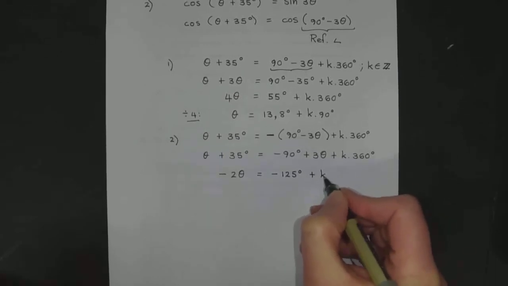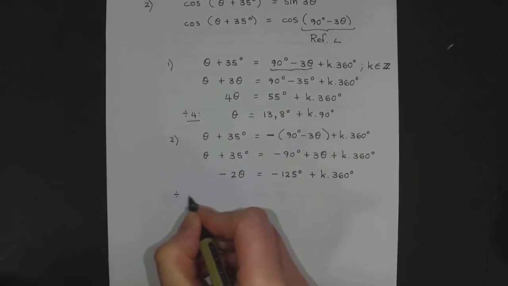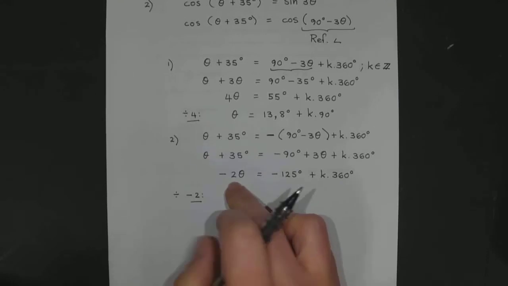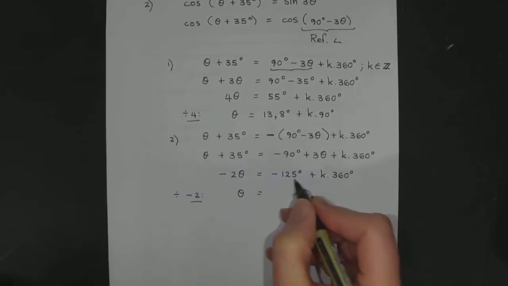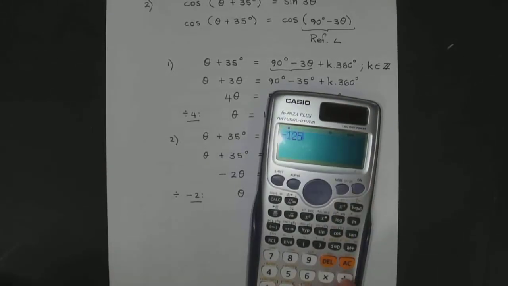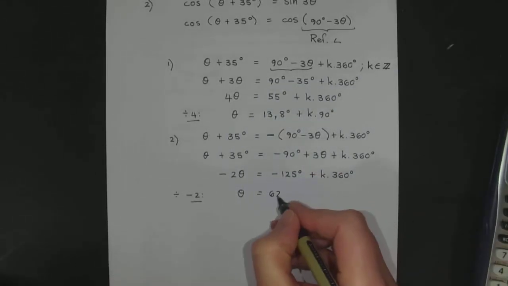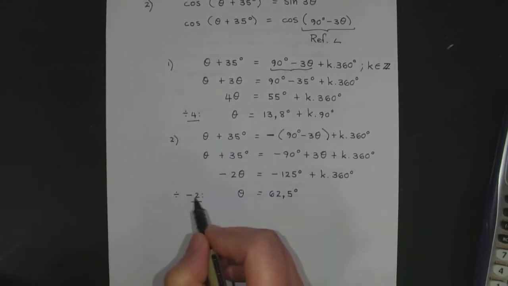And then just to finish it up, I'm going to divide by negative 2, but please remember every single term must be divided by negative 2. So that divided by negative 2 is theta, and minus 125 divided by negative 2 is then going to be equal to 62,5 degrees. And then even this one has got to be divided by negative 2.